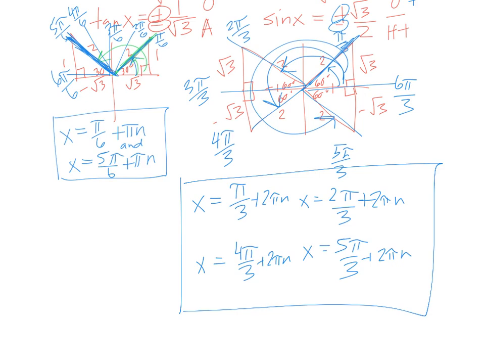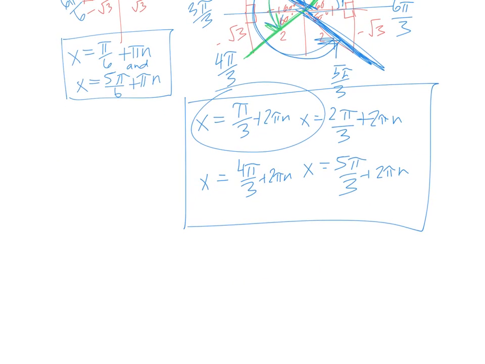Notice that if I add pi from this terminal side, I get to this other solution here. If I add pi to this solution here, it takes me to this solution here. So instead of adding 2 pi to this first solution, you just add pi, and it'll cover all these solutions as well.